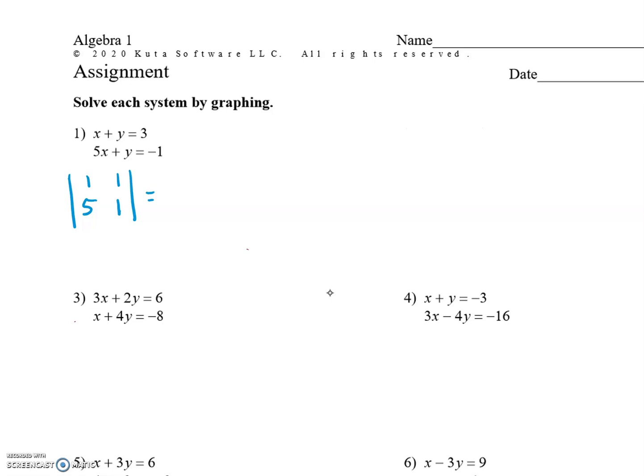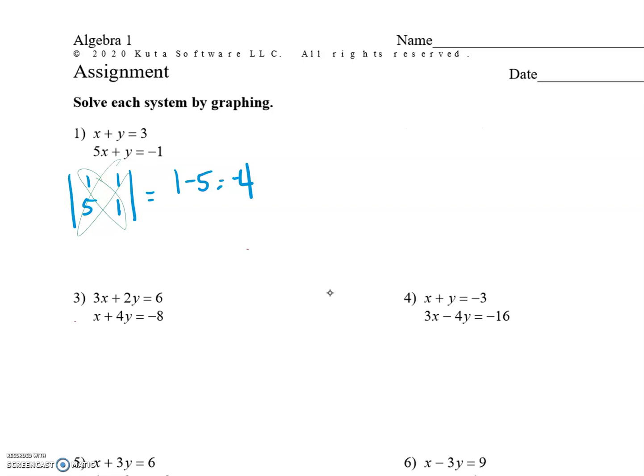So you crisscross your multiplication. So remember, 1 times 1 is 1 minus 1 times 5 is 5. So that's going to equal -4. So we're going to divide both the x and the y determinant by -4.